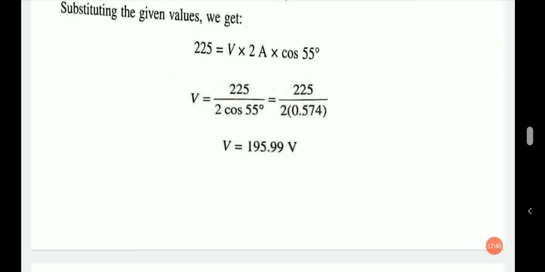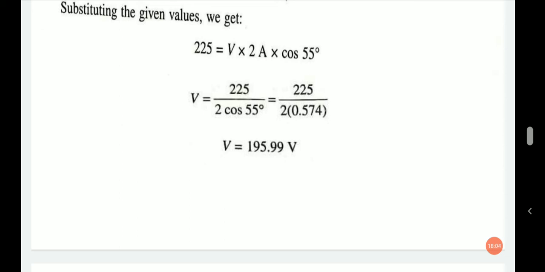So in this video we have seen the wattmeter connection, that means configurations. There are two configurations for the connection of the wattmeter.